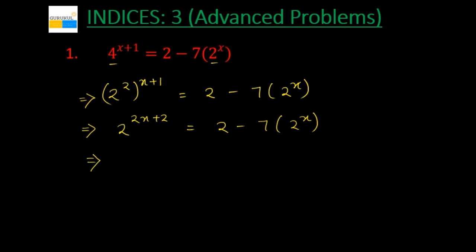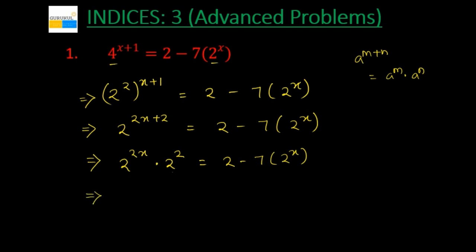Now, you can split this. a to the power m plus n can be written as a to the power m times a to the power n. So you get here 2 raised to the power 2x times 2 raised to the power 2 is equal to the right hand side, which remains as it is, that is 2 minus 7 times 2 to the power x.